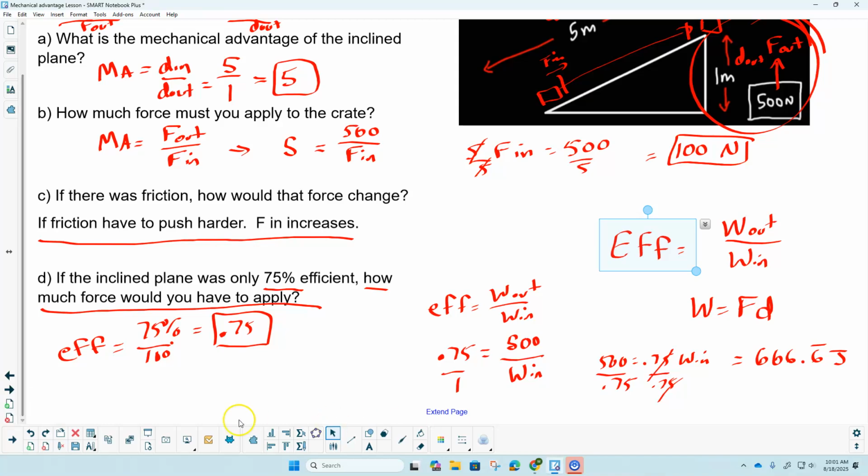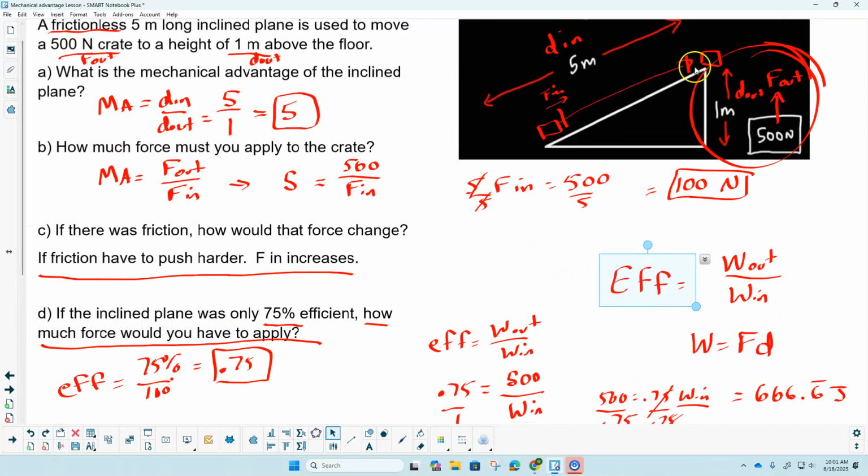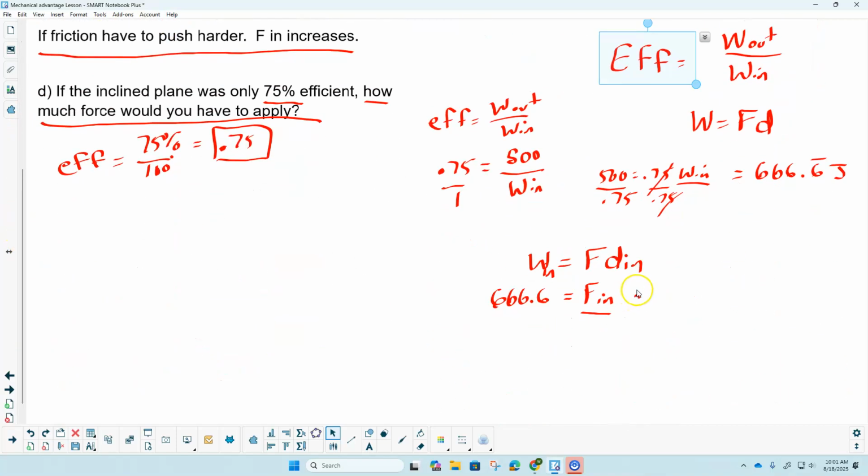Work equals F times D. This is my work in, so my work in is 666.6. My force in is what I'm solving for. And the distance in is how far I'm moving the box up the ramp, so that's still 5. That hasn't changed.